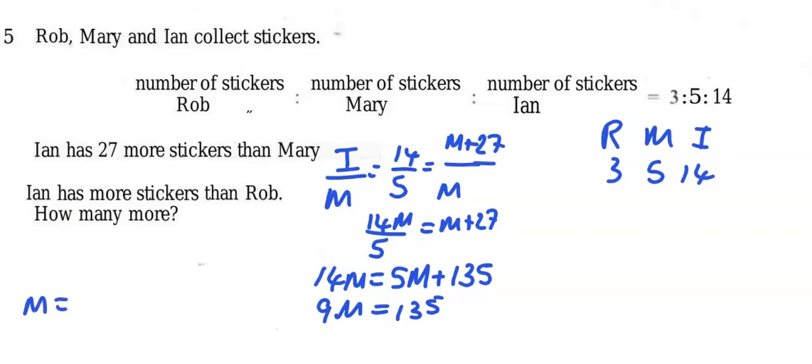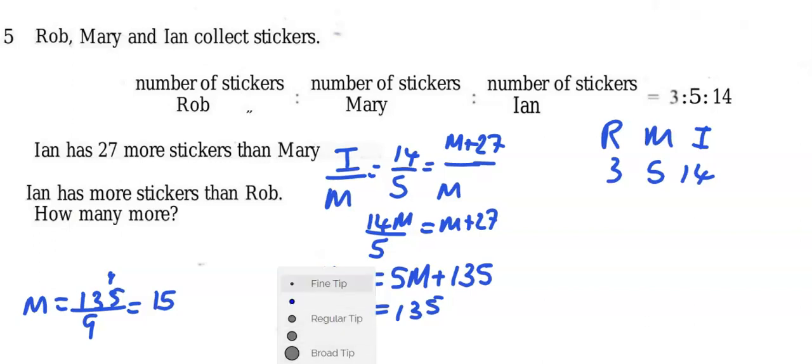So m must be 135 divided by 9. 9s into 13 is 1 carry 4. 9s into 45 is 5. And so we can now see that Mary has 15 stickers. It also shows we've got a scale factor of 3 because 5 times 3 is 15.